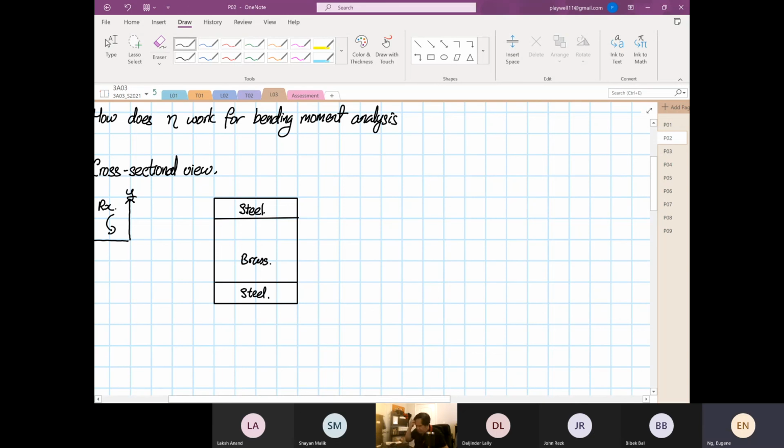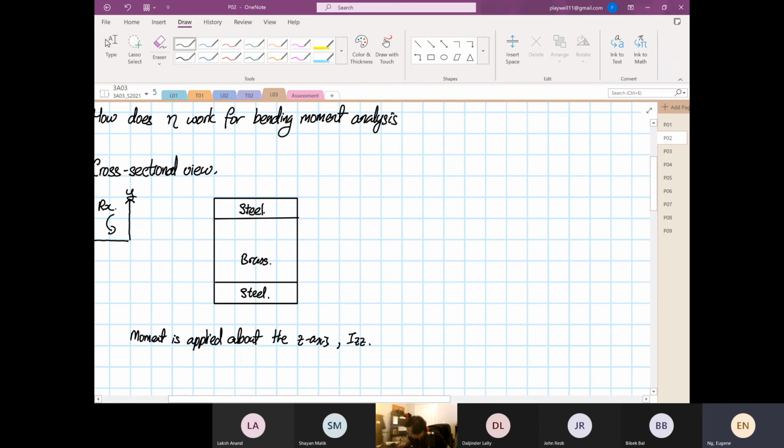Okay. So the moment for all these cases is applied about the z-axis. Okay. So what we want to find is IZZ, right?